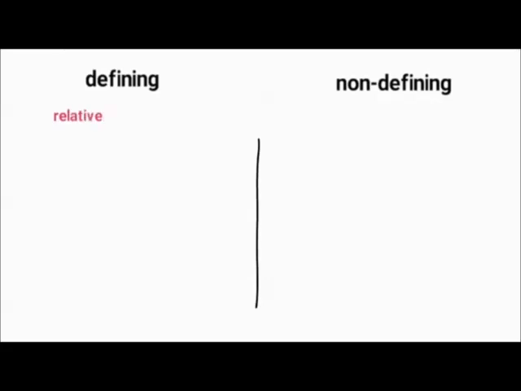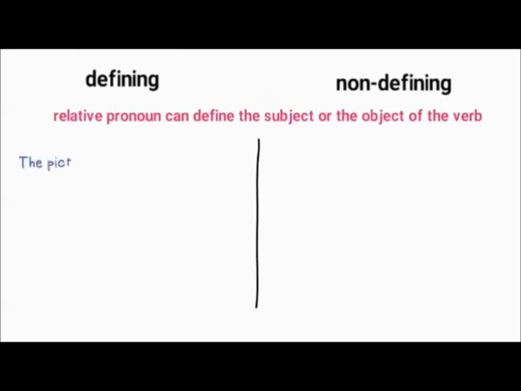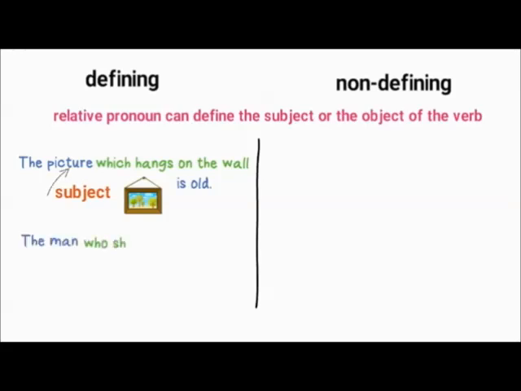Both in defining and non-defining relative clauses, the relative pronoun can define the subject or the object of the verb. So firstly, in defining relative clauses, we have, the picture which hangs on the wall is old. Here the relative pronoun which describes the subject of the sentence, the picture. And here, the man who she married is Spanish, who is defining the object of the verb.